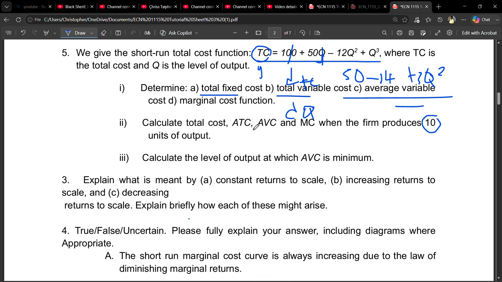The answer that you're going to find, that's the answer for total costs, average variable cost, and everything. For you to calculate total cost, this is total cost. So here you just replace 10, replace 10, replace 10, then you punch on the calculator, the answer that you're going to find, that's your answer.